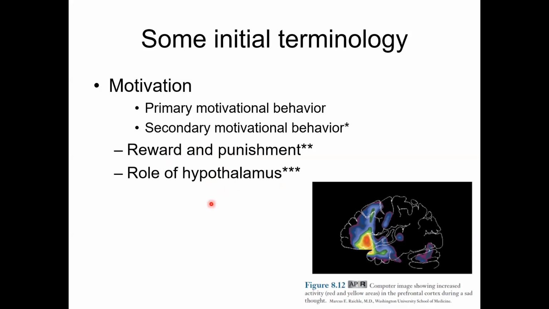So you'll be studying a lot about the hypothalamus. Indeed, the hypothalamus has all sorts of regulatory centers which govern eating, drinking, temperature control, sexual behavior, and so on and so forth.